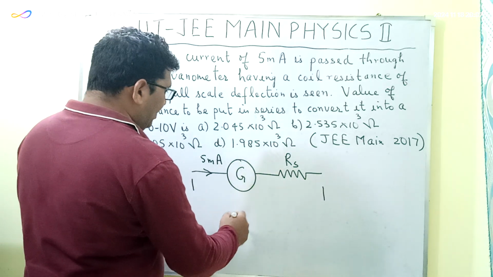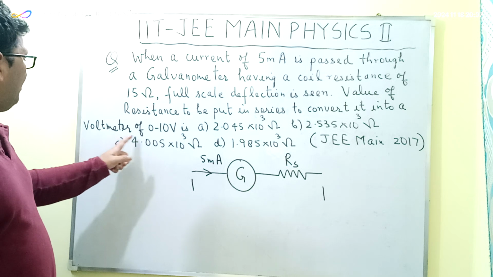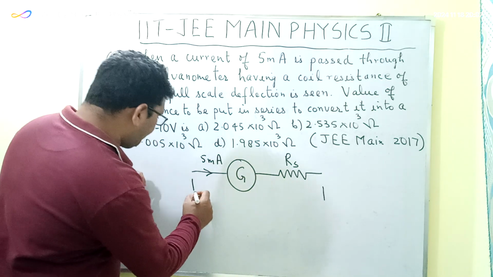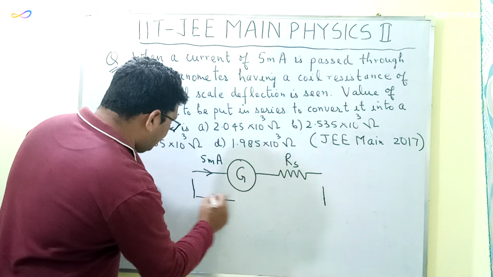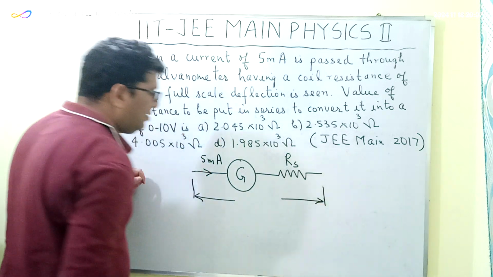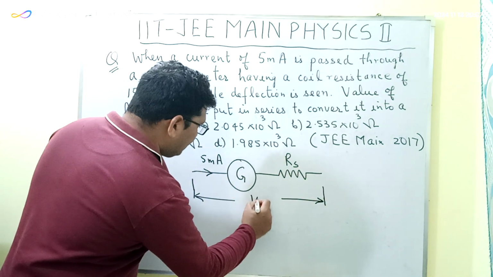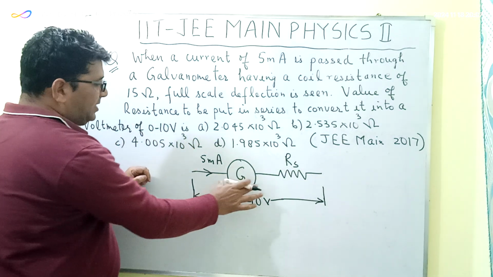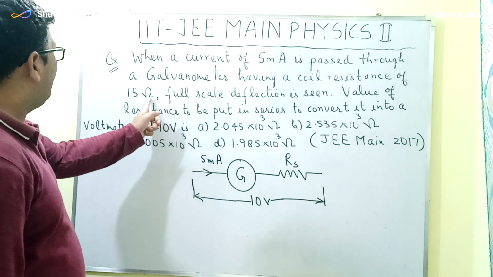The range of this voltmeter is given as 0 to 10 volts, so the maximum value of the voltage is 10 volts.